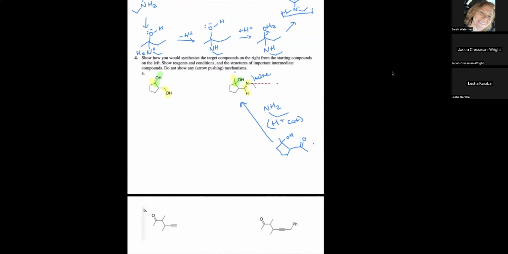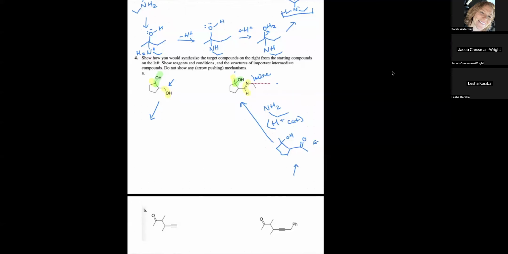So in the beginning, in order to go from here to here, we have to convert somehow. First we have to do some sort of oxidation reaction, because we need to make this ketone. We have to make an aldehyde, excuse me.